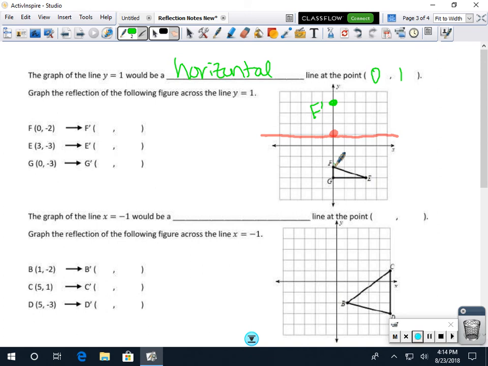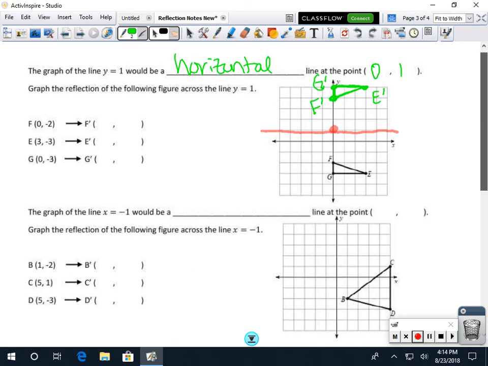G is 4 spaces away from the line, so I'm going to continue 4 spaces across. And E is 4 spaces away, so I'm going to go on the other side, 4. So there is my new shape reflected across the line y equals 1.